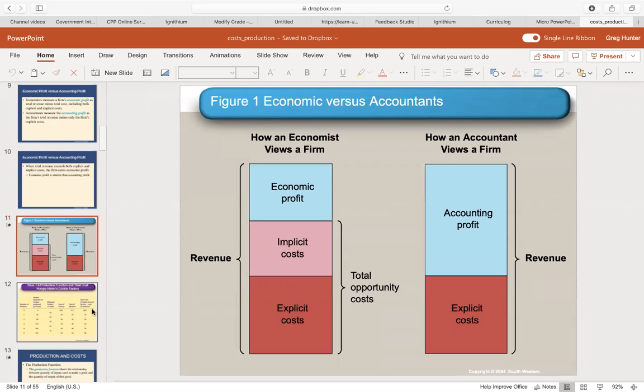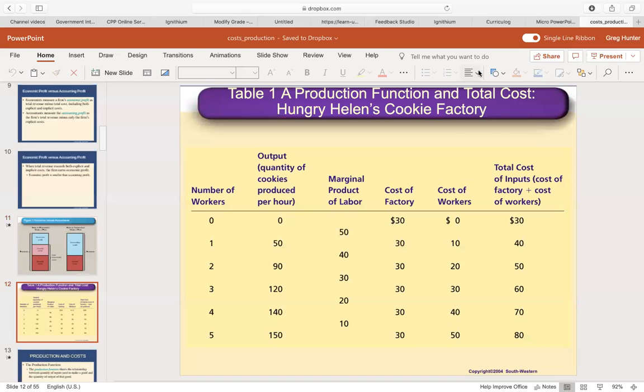Okay. All right. So profit is total revenue minus total costs. What do things look like? Well, one of the first things that we start to do when we're talking about this material is we want to be clear that costs are related to production. It's their inputs, or sometimes they call them factors of production.